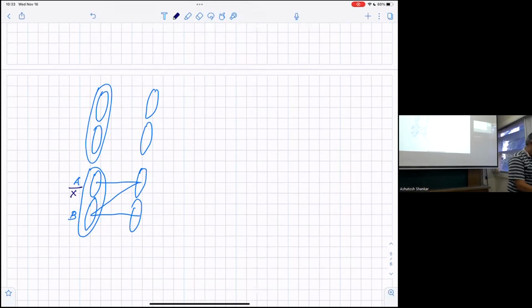Similarly, B will have its own past, x plus y. That is what I mean to say. So what I have to look at is the conditional entropy of A given its entire past.